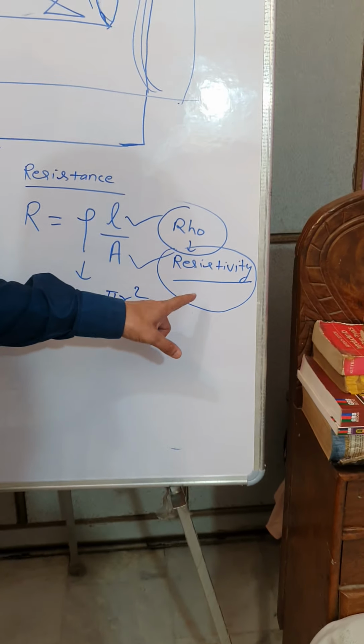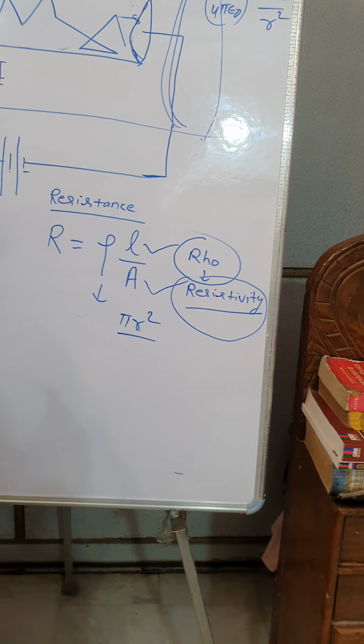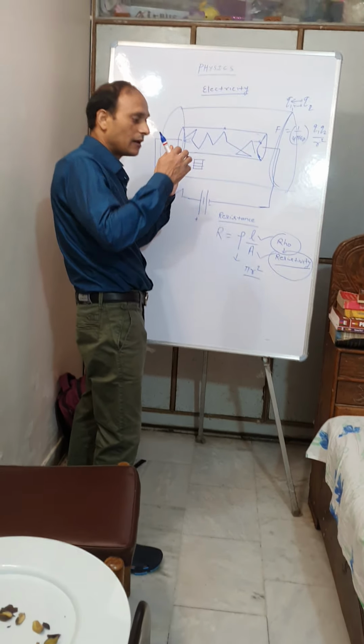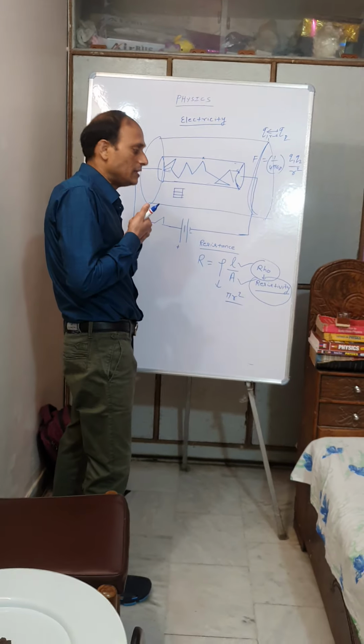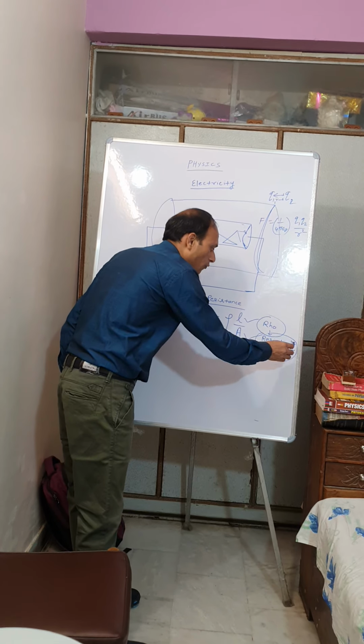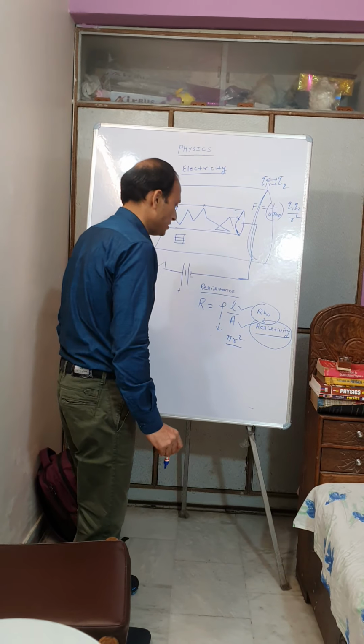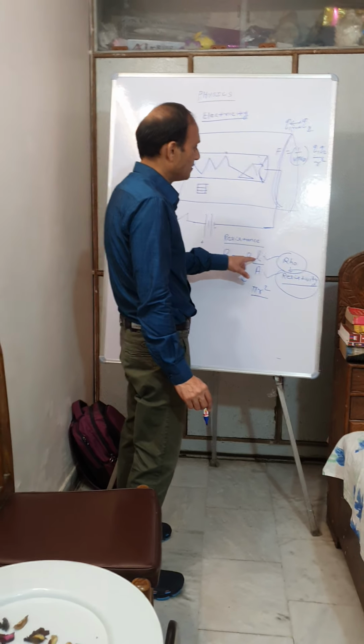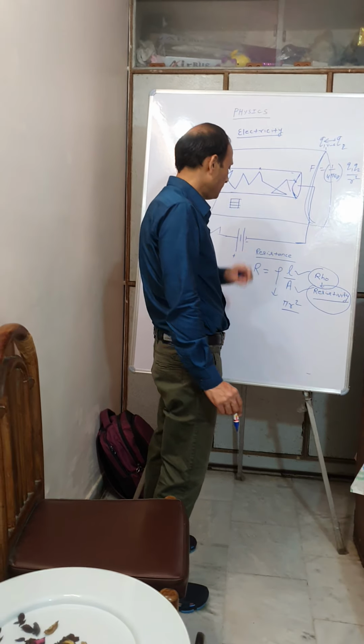An internal property means it depends upon the number of electrons per unit volume in the conductor, the number of positive lattices, and their internal characteristics. There are tabulated values of resistivity in your class. But resistance may change as we change the length and cross-sectional area of the conductor.